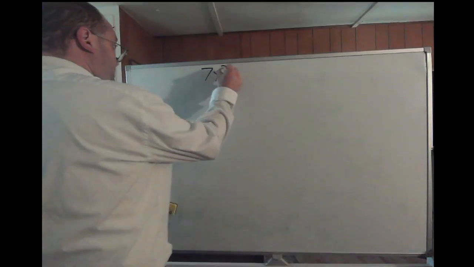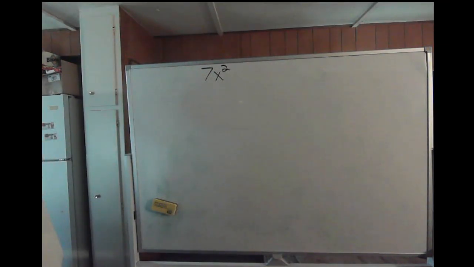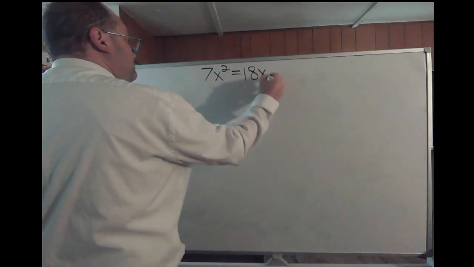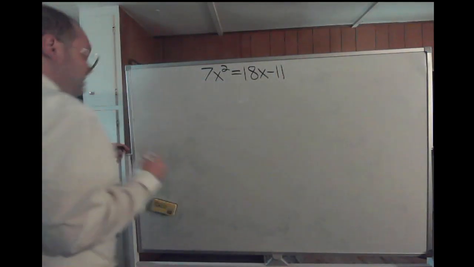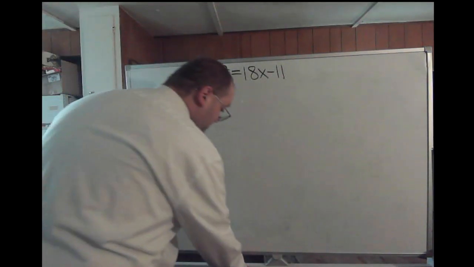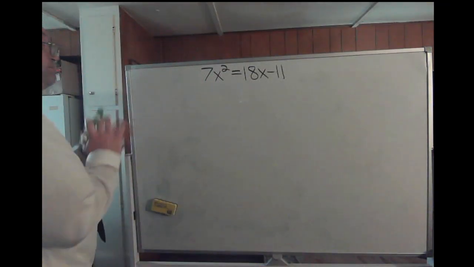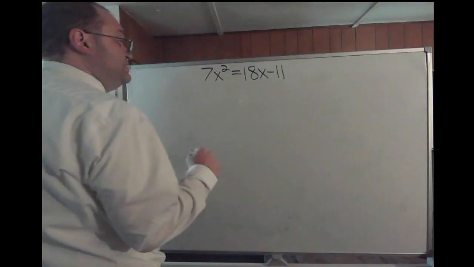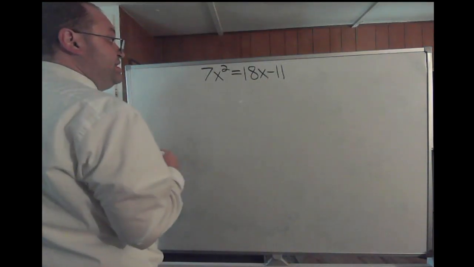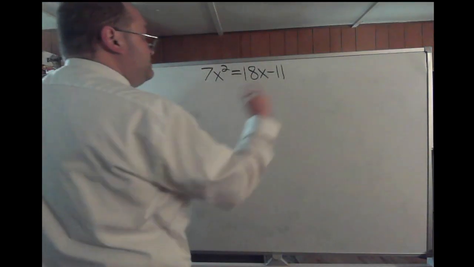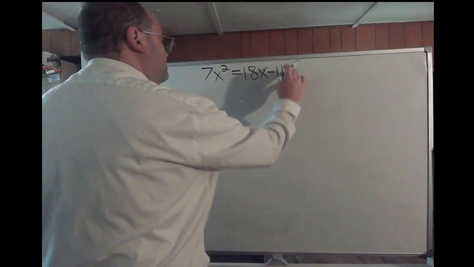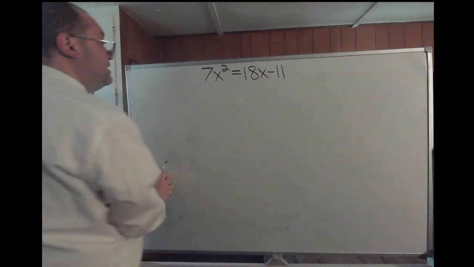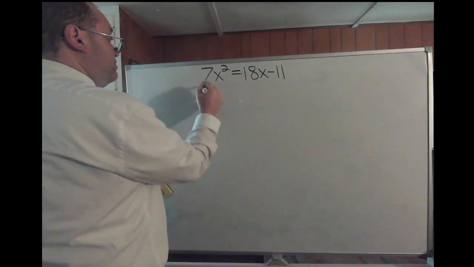7x squared equals 18x minus 11. So we got 7x squared equals 18x minus 11. Well, the 18x minus 11 has to disappear out of the right-hand side. That's got to become equal to 0. Let's do this one step at a time. Let's subtract 18x from both sides first.